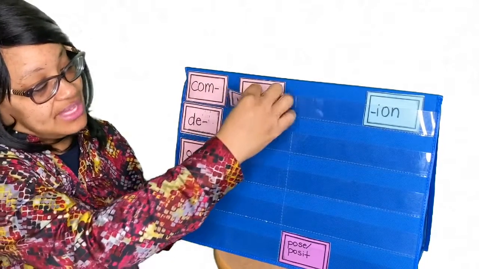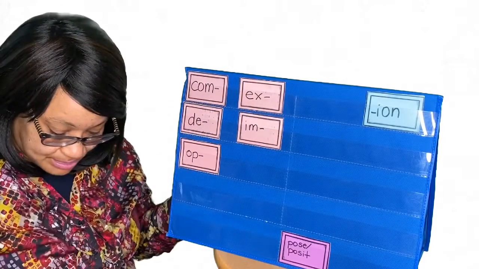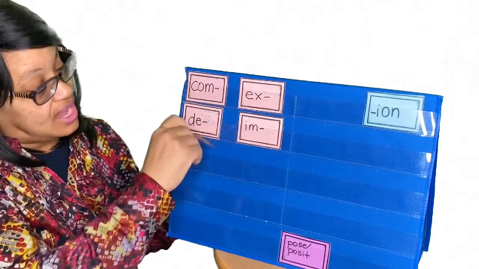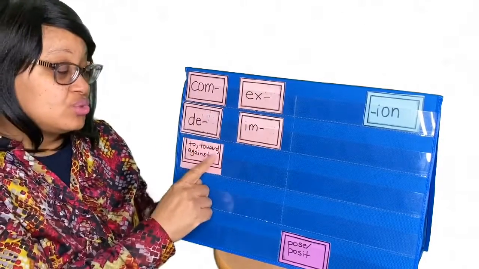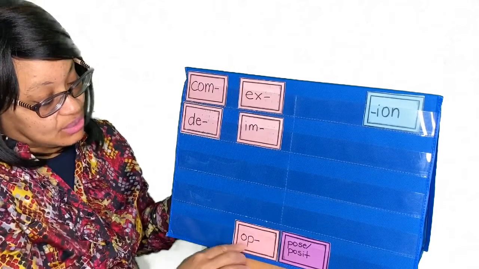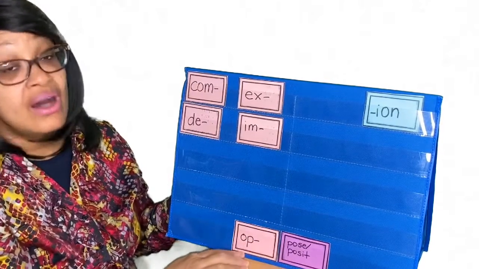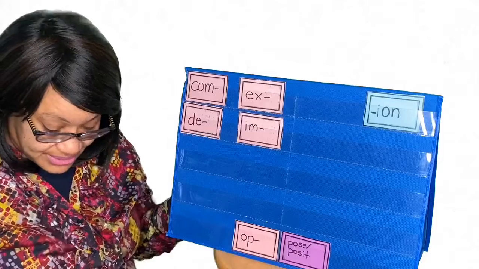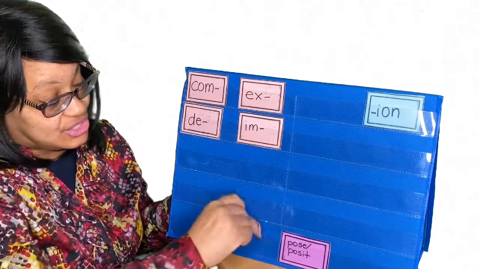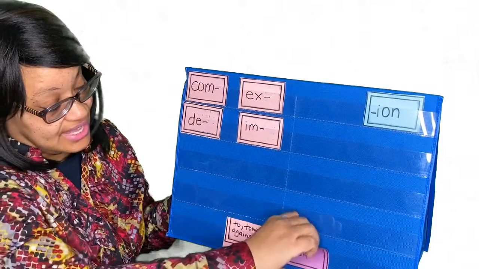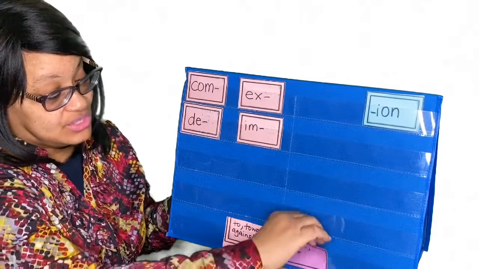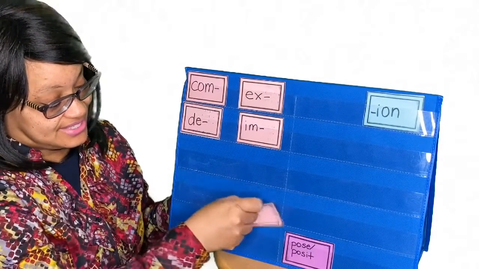So it would not be impose because that would not be to act in opposition. So let's see. What is op? Op means to, toward, or against. So oppose. Oh, that's it. Oppose. To act in opposition to or to go against, you oppose. Against the place. So you are against the place, you oppose it.